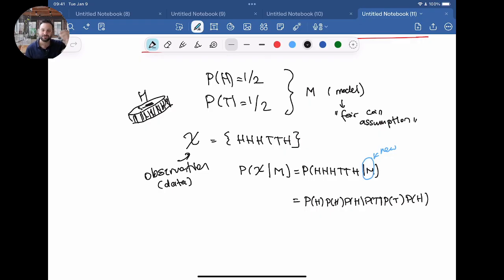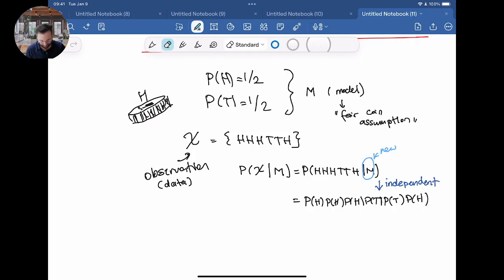Why did I write all of them as a multiplication? The underlying assumption is that each coin toss is independent. If my coin tosses actually harmed the coin in my hand, then they wouldn't be independent, they would be dependent.